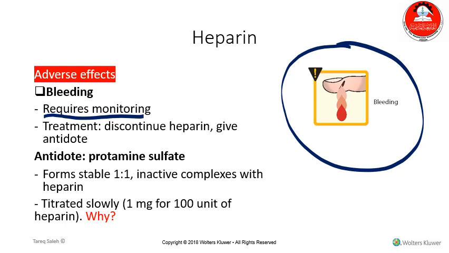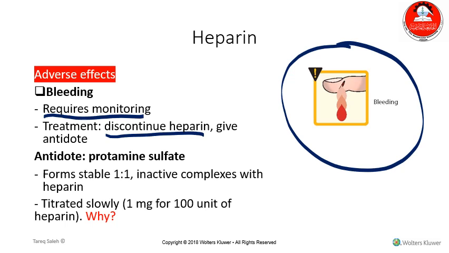So what happens if you, for example, give heparin at larger doses, or if the patient starts developing severe bleeding due to heparin use? There are two things that can be done in this situation. The first thing is that you have to discontinue heparin by gradually reducing the dose and completely stopping the treatment.